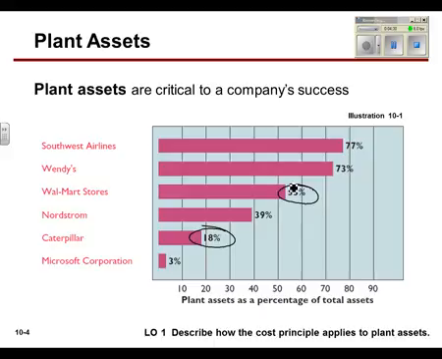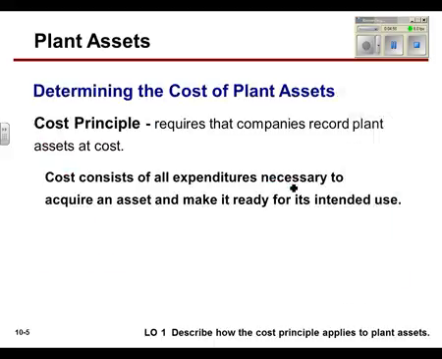But you think about, very comparable to Willys, they're running a major retail store, and there's a lot of stuff, all the shelving, all the carts, all the big lanes, all their forklifts to move all of this bulky inventory. That makes sense, about half. And it certainly makes sense that 77% of Southwest Airlines is tied up in fixed assets, because they're not in the business of selling airplanes.